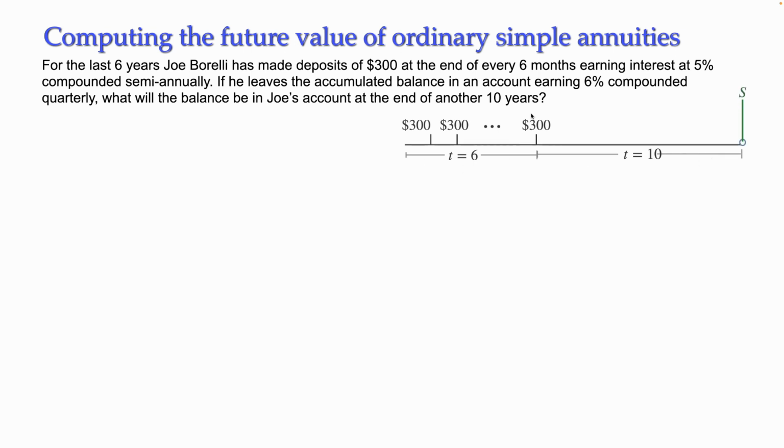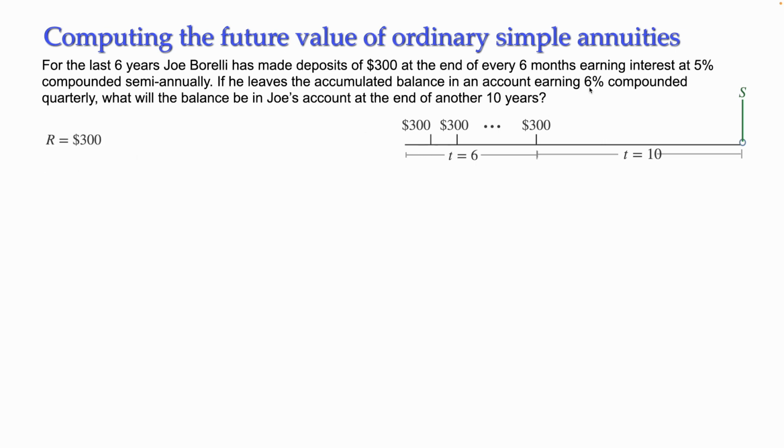We first solve for the future value of the annuity, and this future value of the annuity will be used as the present value of the second part, the compound interest part. Okay, so let's think. In this first part, the payments are 300.